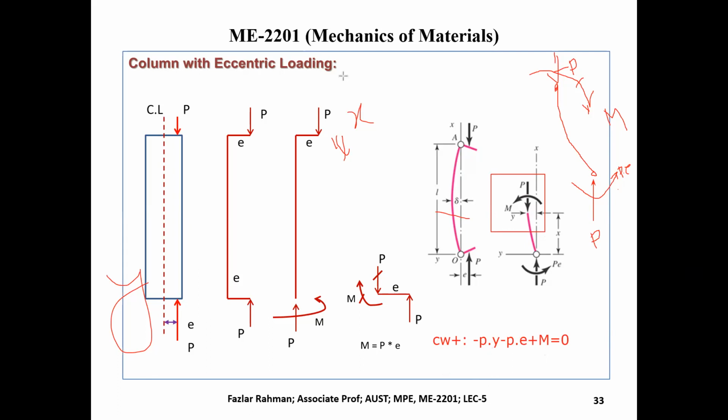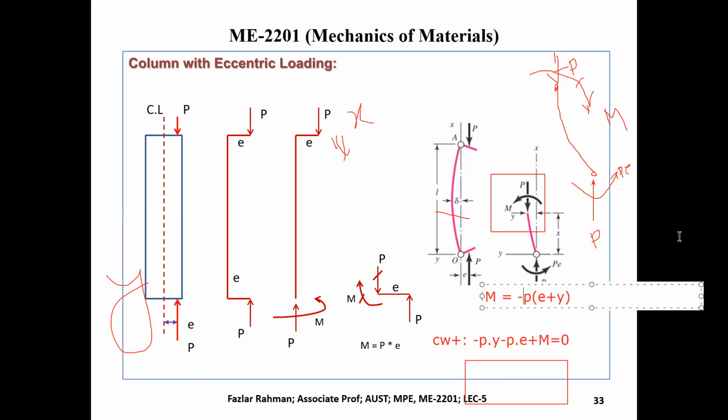So right over here I can say moment M equals P into e plus y. This will be our equation. But I put the opposite sign. That means over here we will only have a negative.